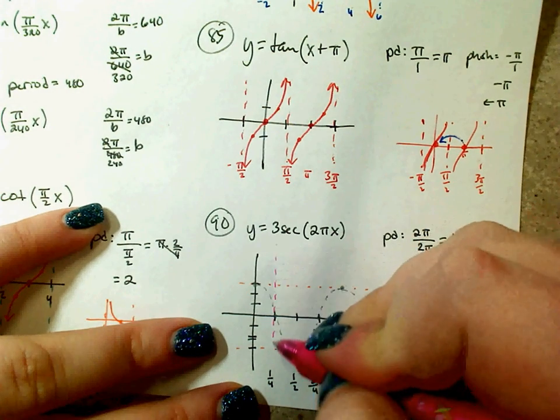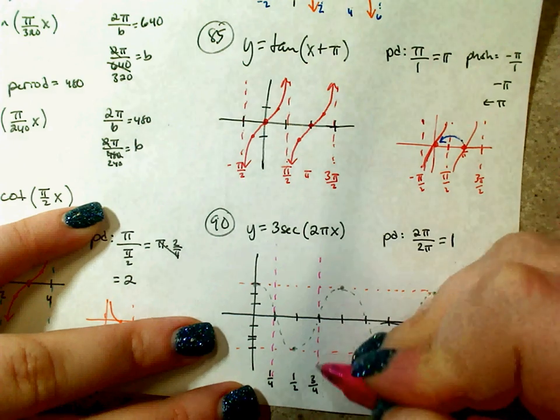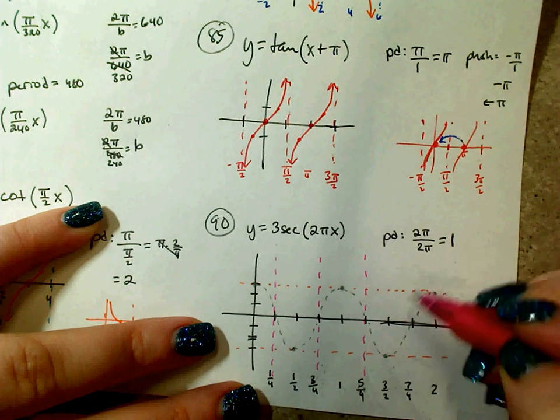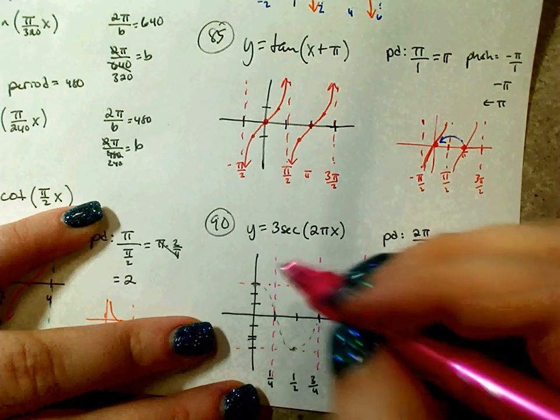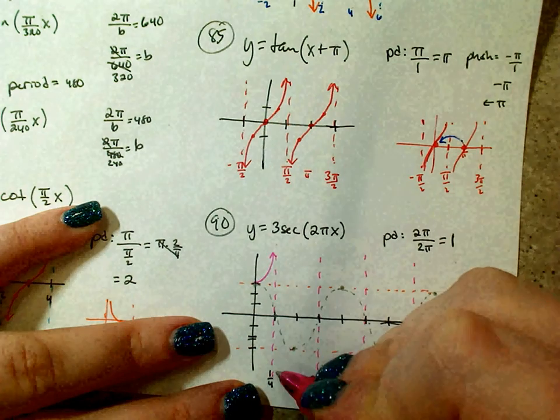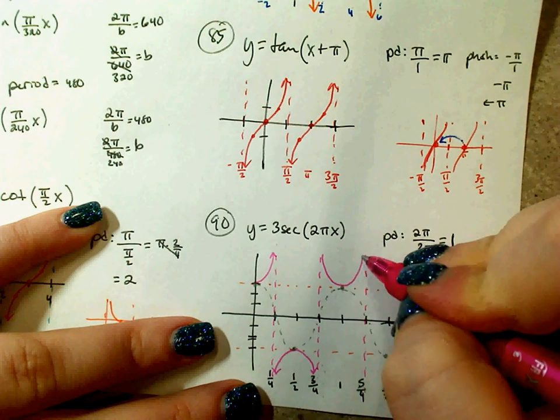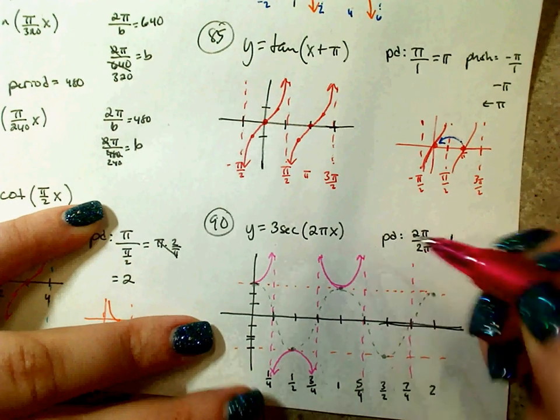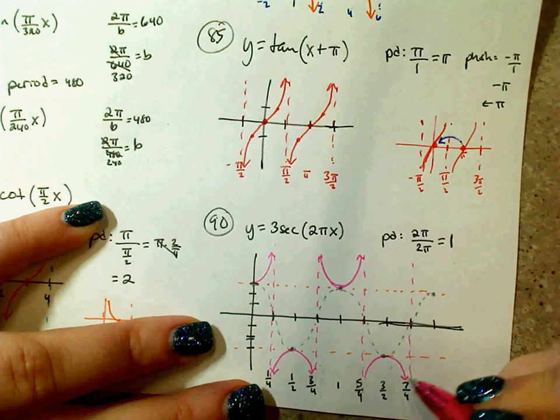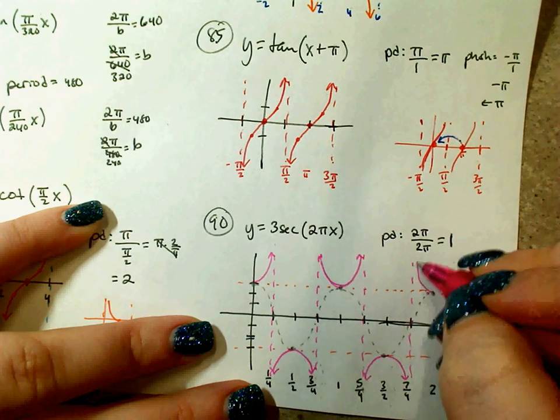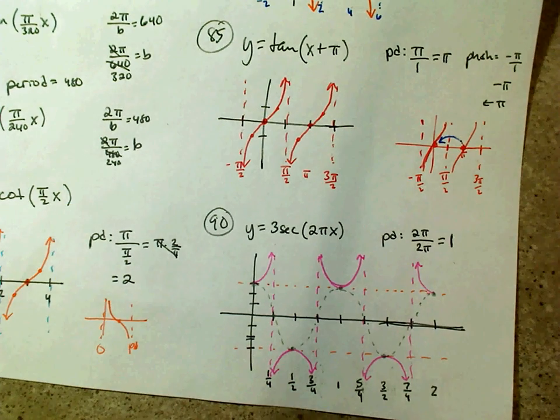So I know that is up here, down here, up here, down there, and this part right there. And that would be 2 full periods. Okay. And I'm going to stop this video and then start another one for the rest, okay?